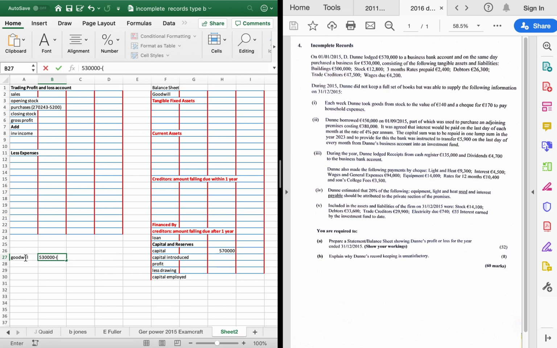So the value of the business is buildings 500, stock of 12.8, rates prepaid of 2.4, debtors of 26.3, and trade creditors take away 47.5, and wages due of 4.2.